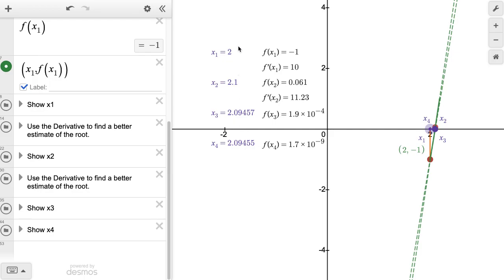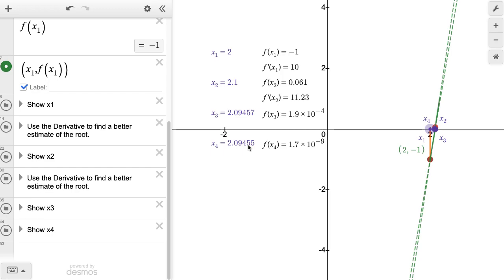And you can also see that these guesses are actually getting closer to each other. I started out at 2, then I went to 2.1, then 2.09, so it's not very far from 2.1. And then between these two, the two numbers actually are the same up to the third or fourth decimal place.